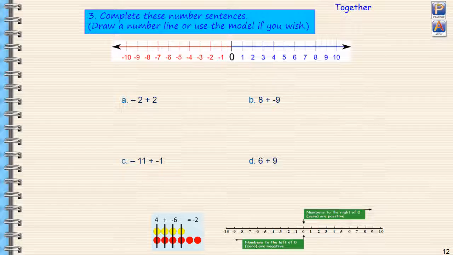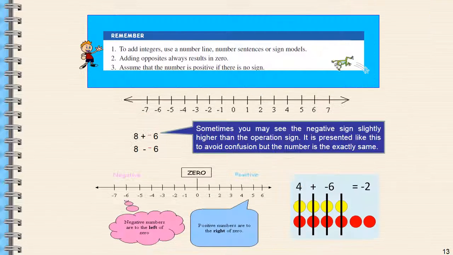All right, you can have a go at those ones, but they're the same as what I've been doing on the previous slides. If you do a positive and negative thing where you cancel them out, a bit like this, and it doesn't work, try the number line approach, see what works for you. Okay, so we can add integers using a number line or a sentence or a sign model.